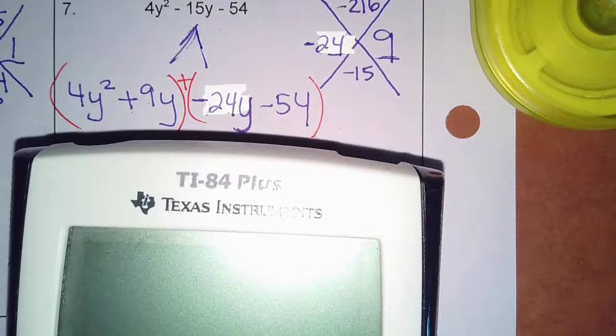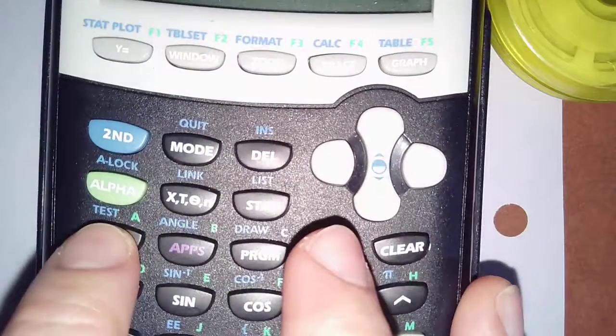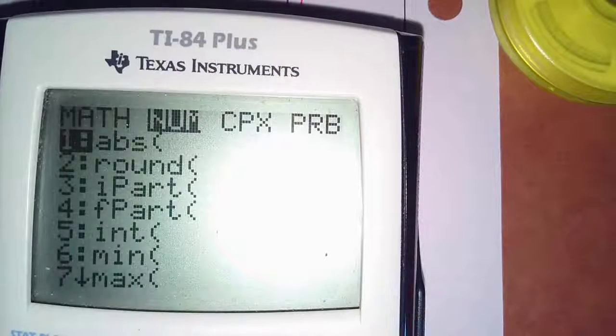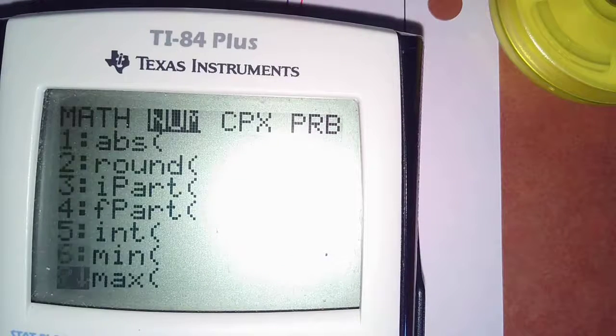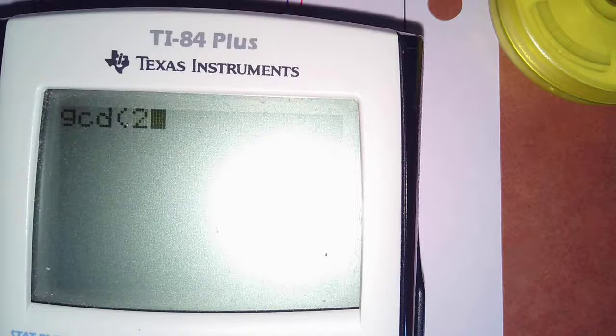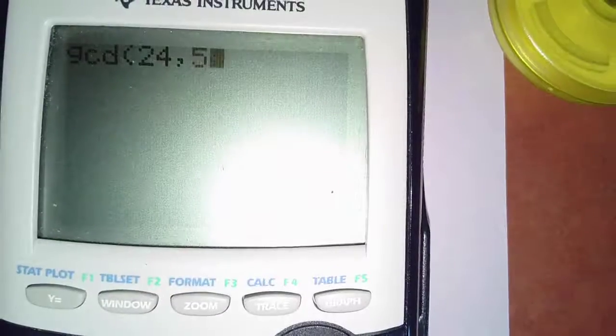Here's another method. I could find my GCF or GCD of 24 and 54. So I'm going to press the math button. Math. Arrow over to num. Option 9 or GCD. Enter. 24, comma's right above the 7. 54.